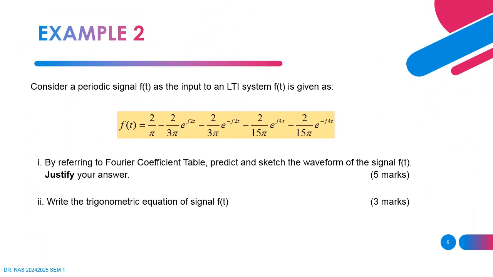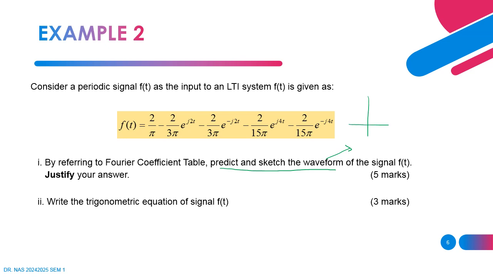Okay, let's look at the second example. Given a periodic signal f(t) as the equation shown, you need to predict and sketch the waveform. What is a waveform? Waveform is the signal in time domain.